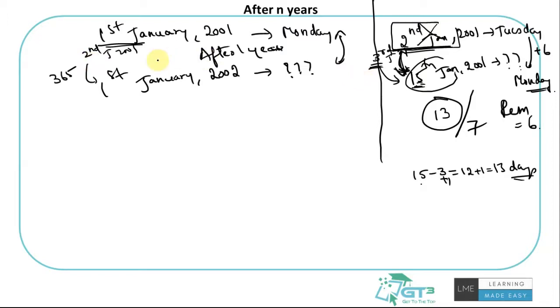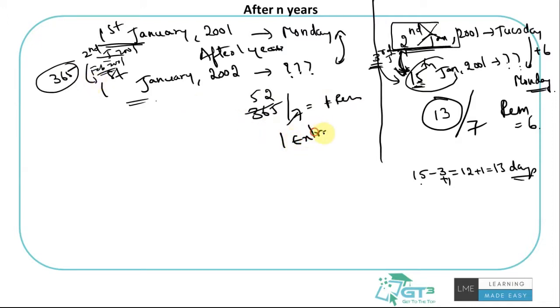Between 2nd January 2001 and 1st January 2002, February 2001 has only 28 days, so I'll only see 365 days. 365 divided by 7 gives me 1 as the remainder. 7 5s are 35 and 7 2s are 14, so 1 is the remainder. That means in 365 days I have only 1 extra or odd day, right? So that's a useful point that you can remember.